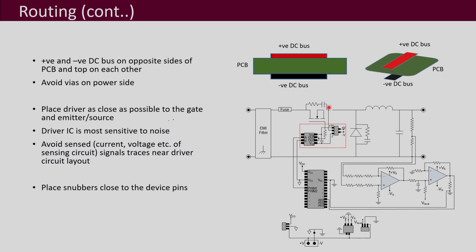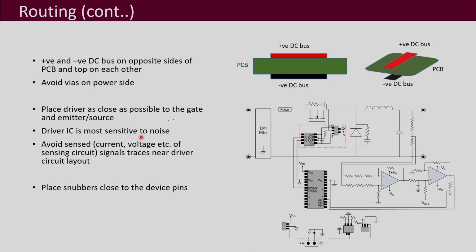Similarly, your snubbers also affect the turn on and turn off process, and if we place them further from the device in the layout, then that also is going to affect the performance because of the parasitics that are going to get added. So, the snubbers also should be placed as close as possible to the device pins.